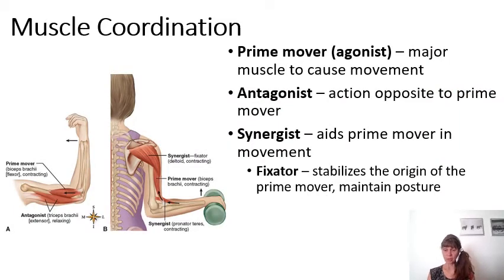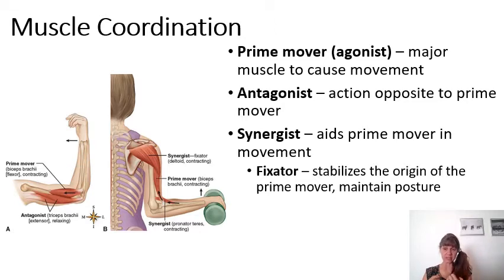Whenever we contract our muscles or move, there has to be a coordinated, concerted effort by lots of different muscles to cause efficient motion. When motion occurs, there's usually a muscle that is going to cause the majority of a specific motion.